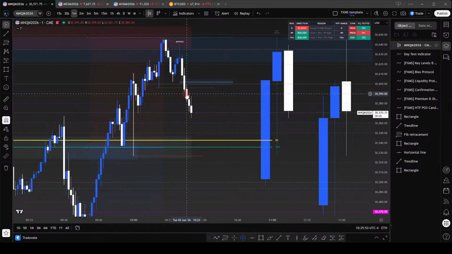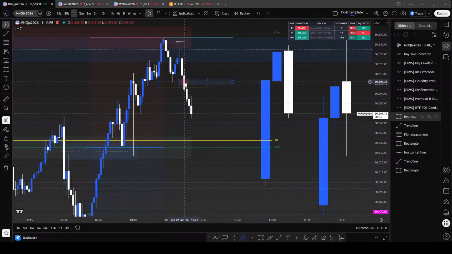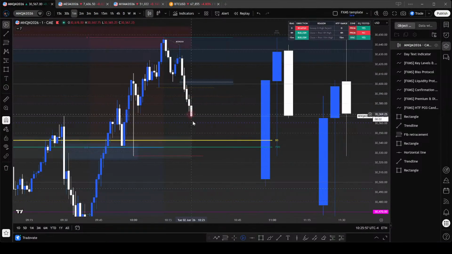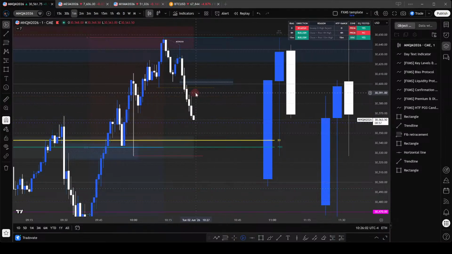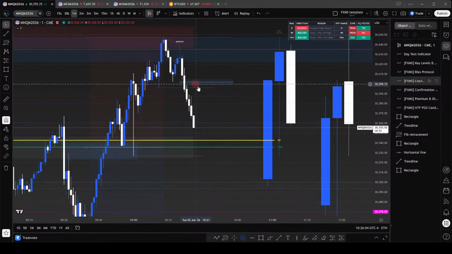We got another imbalance that we formed here, so imbalance 1, imbalance 2, imbalance 3, right? You can see the order flow now switching bearish. Get some kind of internal sweep or imbalance retest.